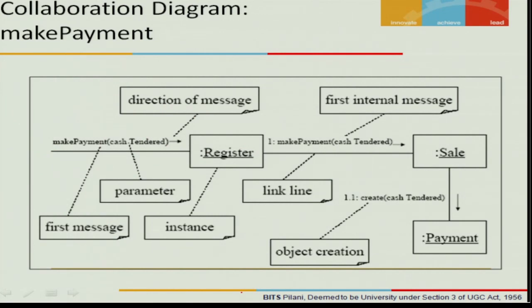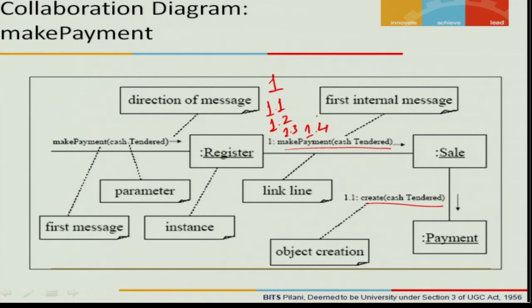If you want to draw a collaboration diagram, it will be the same. One flavor you can understand here. For example, if you want to show that this create is part of this make payment itself, just like a transaction, there is one message which is initiating one transaction and it contains multiple messages like 1.2, 1.3, 1.4.